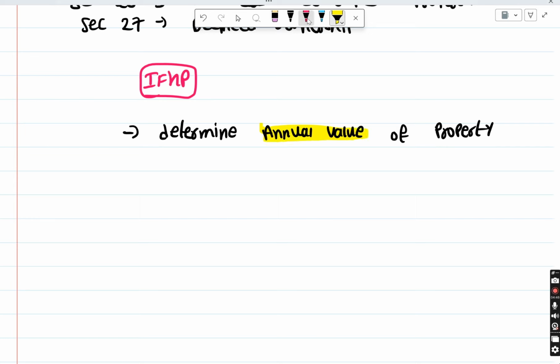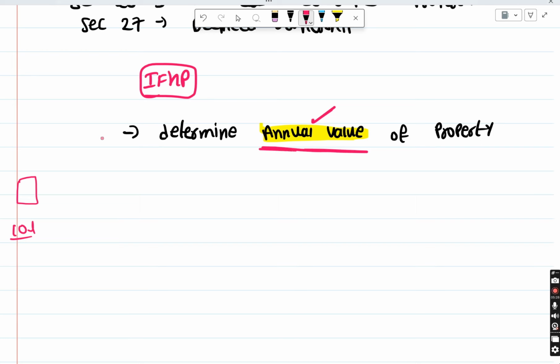Let's just say in one particular area there is one building. We just estimate that in this area, if you have a building, then you may get at least 10 lakh rupees per year as rent. That is annual value, the expected rent for that property in that particular area. How much rent you can earn because of that property, that is called annual value. That annual value only we will tax.